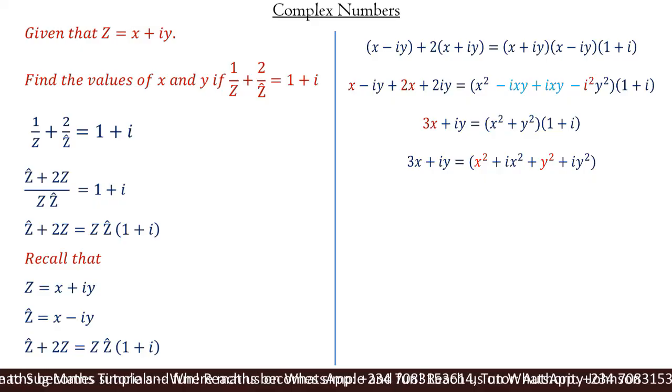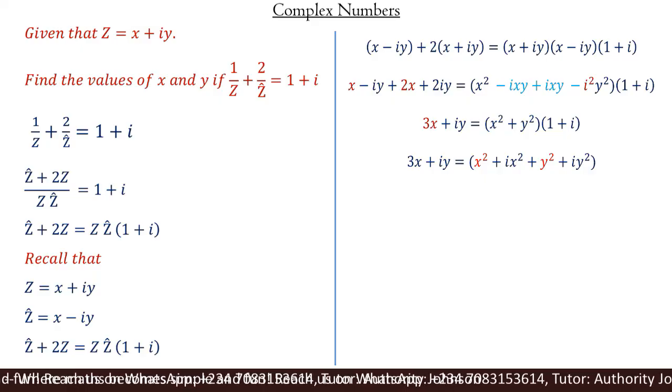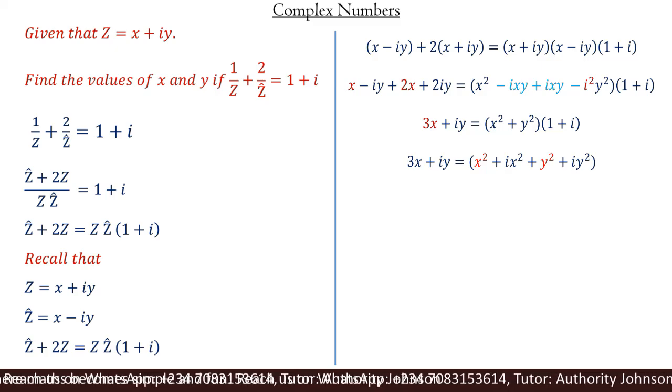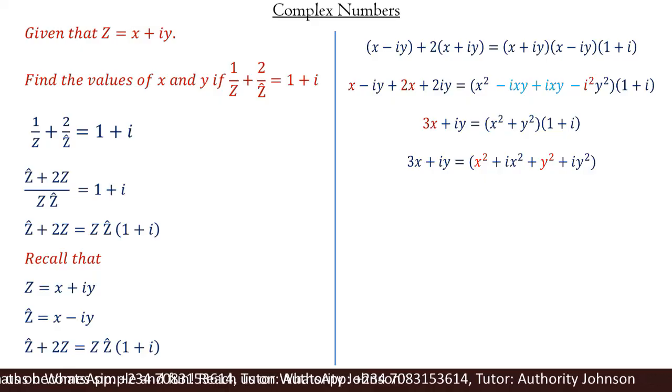Again, this x squared in the first bracket multiplied by i in the second bracket is going to give us ix squared. Now let's go again. y squared in the first bracket multiplied by 1 in the second bracket is going to give us y squared. And y squared in the first bracket multiplied by i in the second bracket is going to give us iy squared.